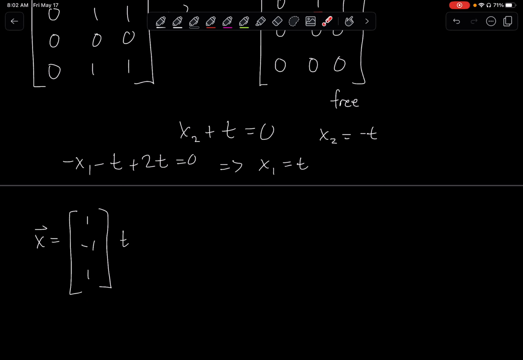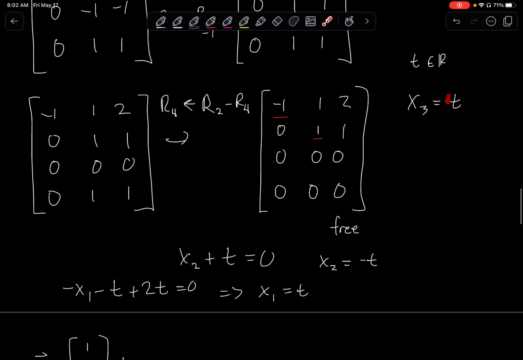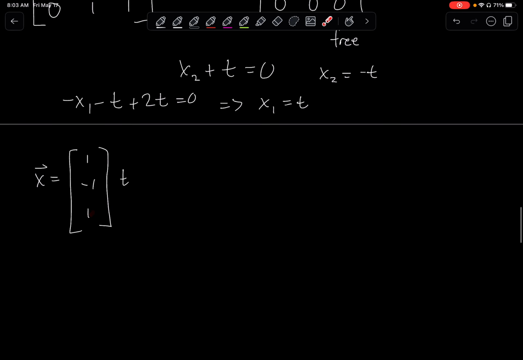How did I get those numbers? I looked at the coefficient next to x1. It's 1. What is the coefficient next to x2? It's -1. What is the coefficient next to x3? It's 1. So I take this vector and multiply it by t.